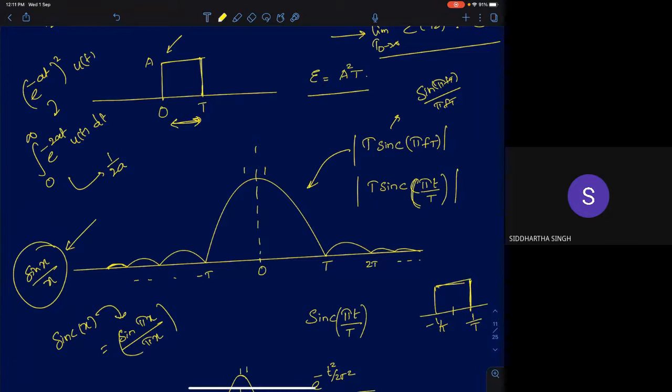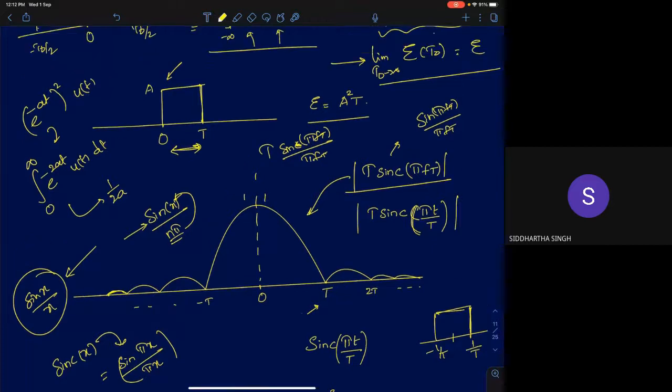So it will have zeros in the time domain if this is your function. So the function is sinc pi of t, that will be sine pi of t divided by pi of t. The zeros of sine x occur at n pi, multiples of n pi. So to find the zeros of this, you just equate pi t to n pi.